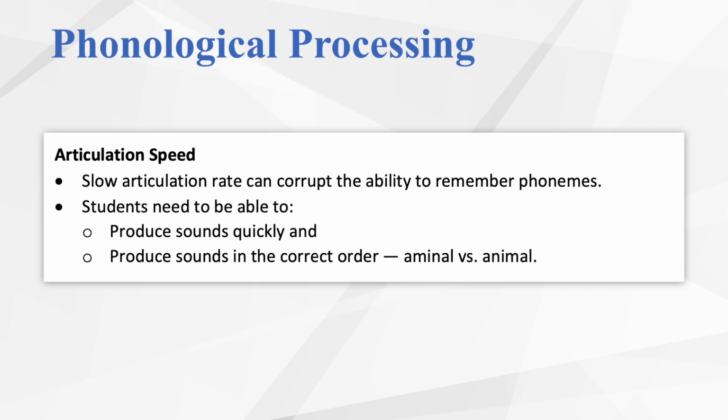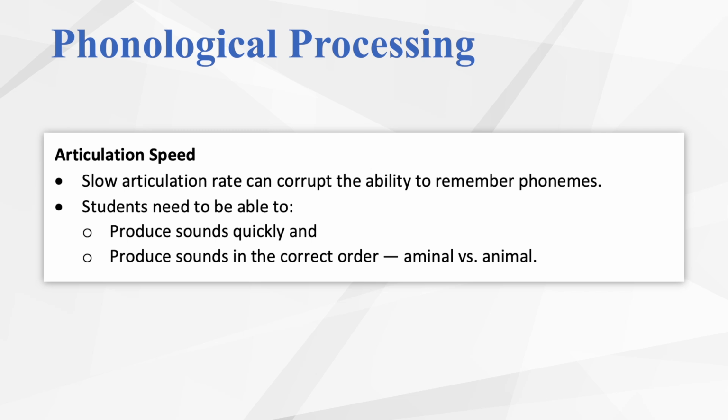But those kinds of mispronunciations as a student proceeds in school may indicate articulation speed difficulty. The reason we need to be aware of articulation speed is that if students struggle to form a sound correctly as they're sounding out an unknown word, it will eventually slow them down and make it difficult for them to go back and blend those sounds together to decode the word correctly.